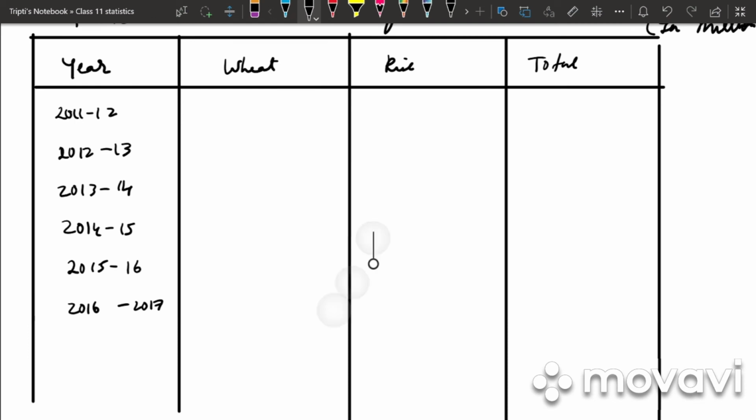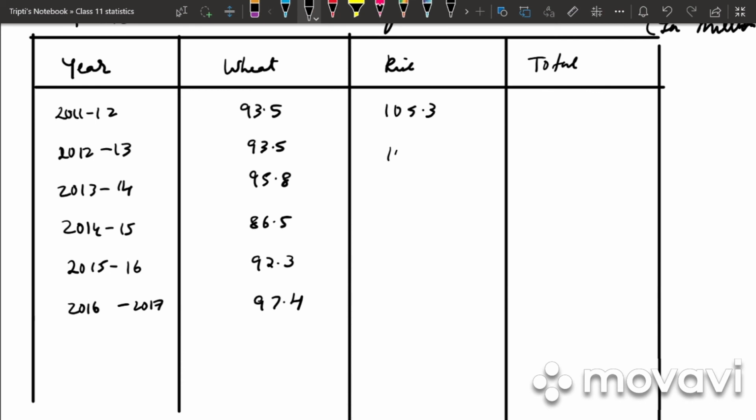Wheat is whatever is in the question, we'll be just writing it down: 93.5, 95.8, 86.5, 92.3, 97.4. Rice is 105.3, 105.2, 106.6, 105.5, 104.4, 109.1.